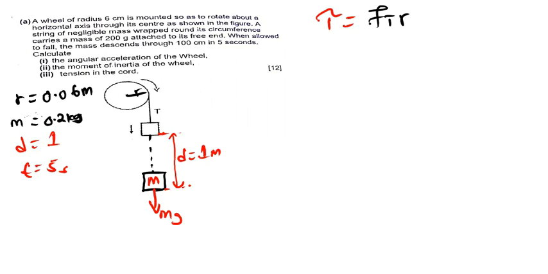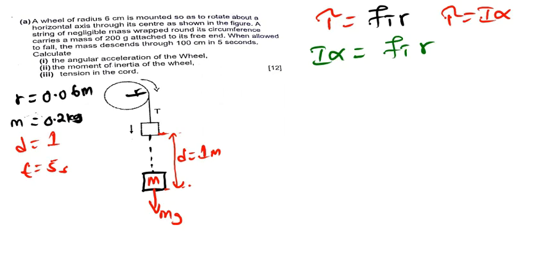Okay. Now what we should know is that torque is also given by inertia times the angular acceleration. So from the previous question, we can say inertia times angular acceleration is equal to the force times r.